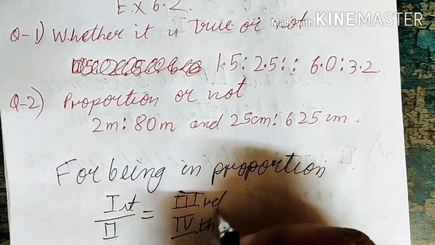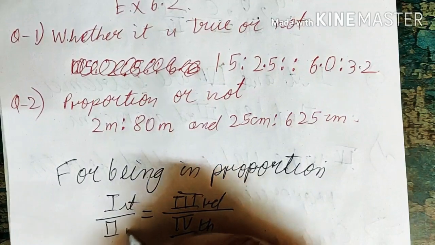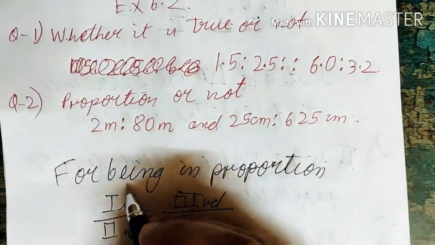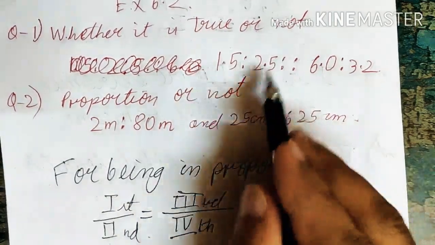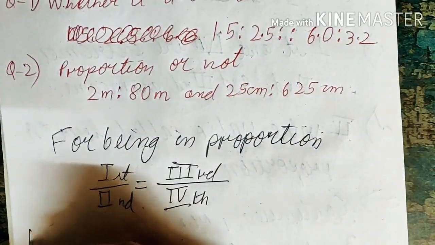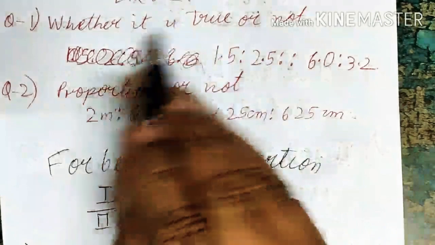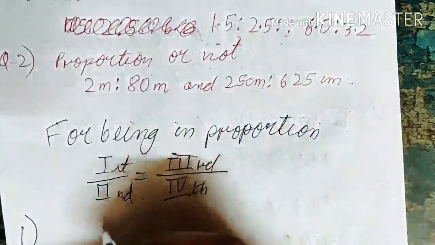Yeah, these should be equal. First value upon second value is equal to third upon fourth. So we have to check for this.